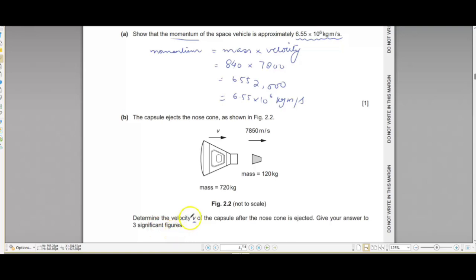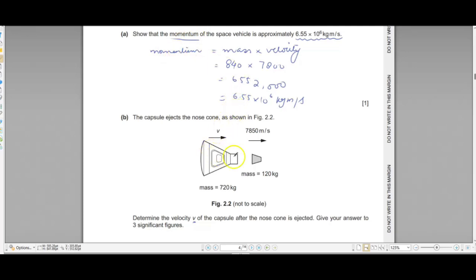Now we've got to understand that according to the law of conservation of momentum, in an isolated system the total momentum is conserved because it can neither be created nor destroyed. So momentum before a collision or before a certain action is equal to the momentum after the collision or after a certain action.